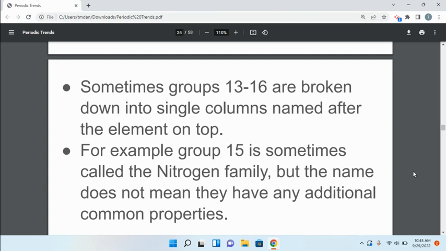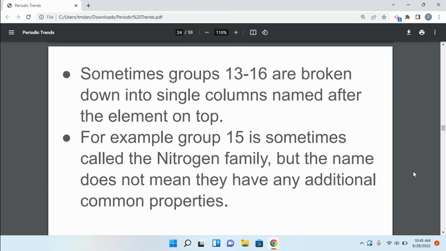Sometimes groups 13 through 16 are broken down into single columns named after the element on top. For example, sometimes group 15 is called the nitrogen family, sometimes 16 is the oxygen family, but again, they're not really families because they don't have common properties up and down that group. The nonmetals will have some similarities in that group. So within the nitrogen group, nitrogen and phosphorus are pretty similar.